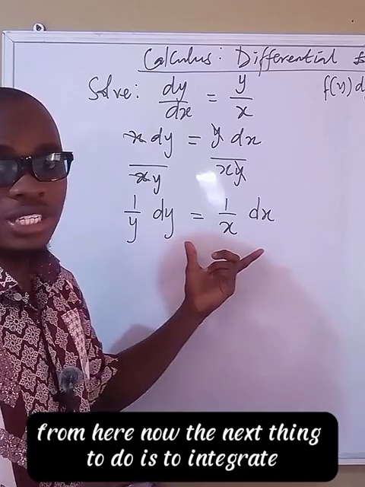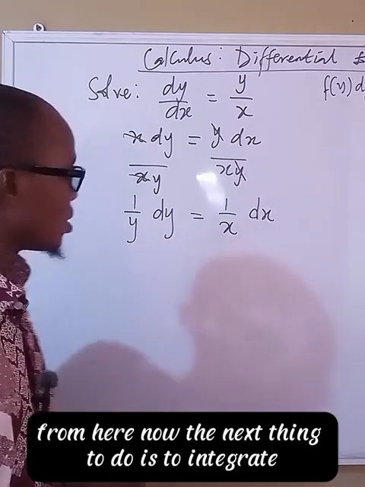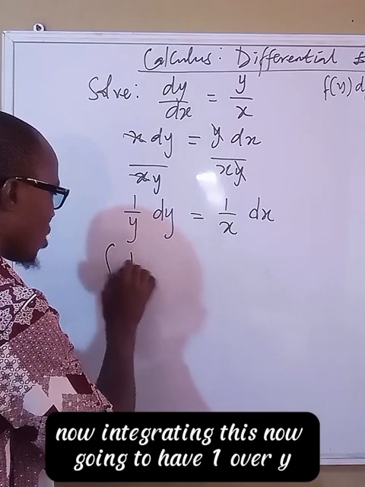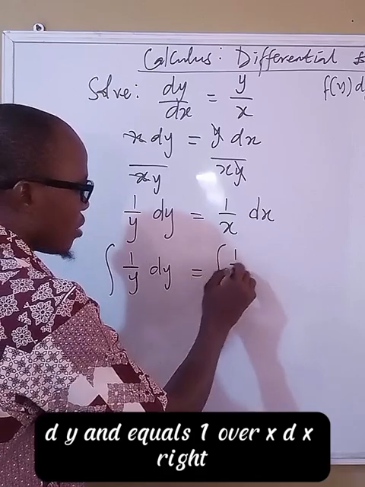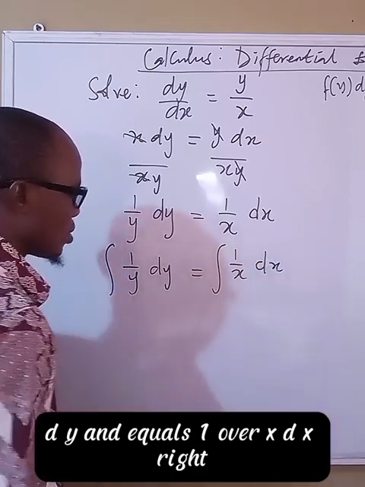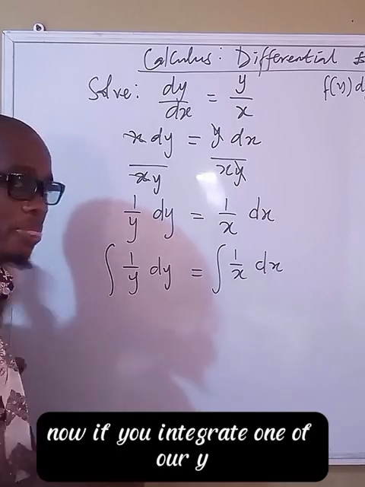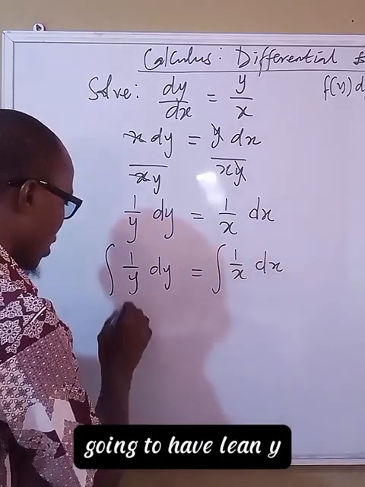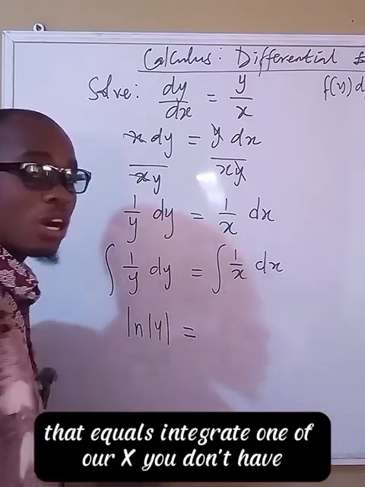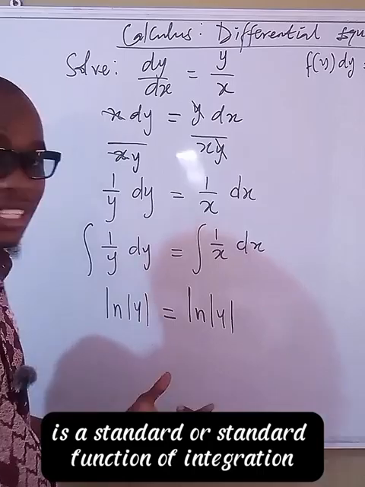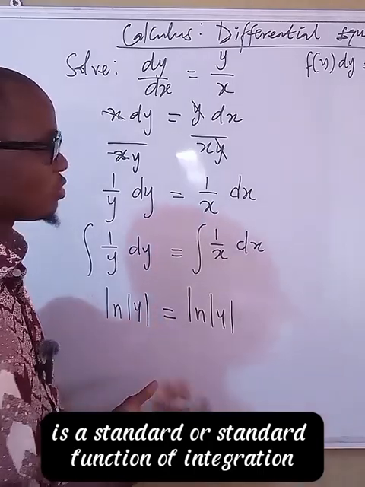From here now, the next thing to do is to integrate. Integrating this, we have 1 over y dy equals 1 over x dx. Now if you integrate 1 over y, what are you going to have? You're going to have ln y, equals, integrate 1 over x, which is a standard function of integration.